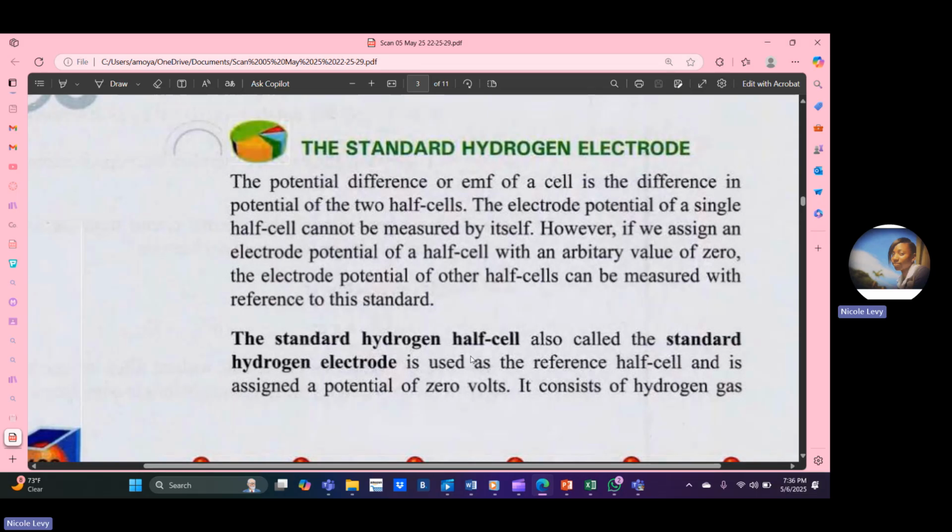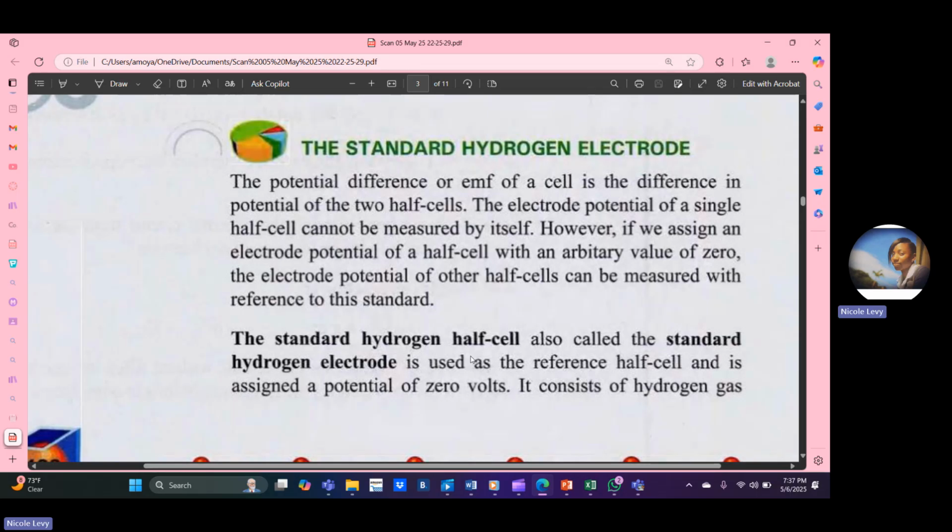It's impossible to create a half cell by putting a metal into a solution containing its ions and then expect to measure how much electron is moving, therefore how much charge is being produced. It's impossible to do that using just a single half cell.